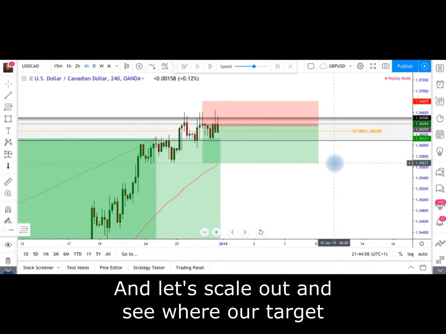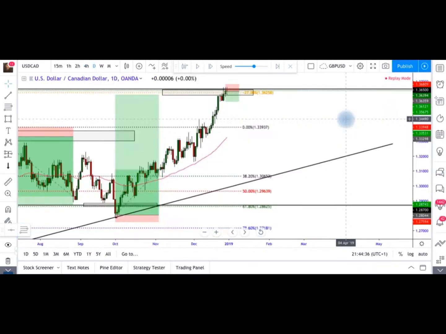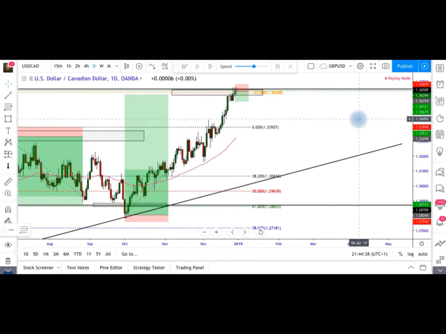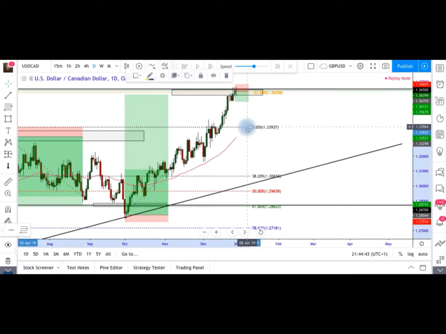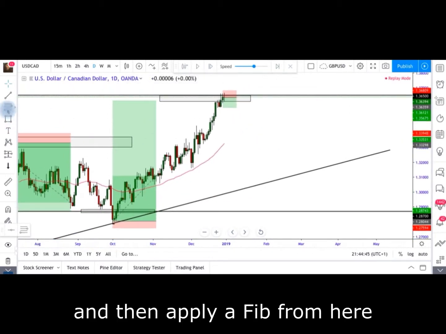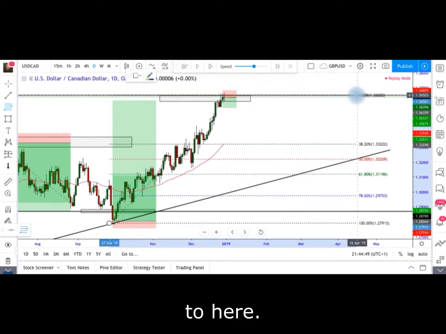Now let's scale out and see where our target would have been on this particular trade. Okay, so for this particular trade, all we simply have to do is delete this fib now, and then apply a fib from here to here.